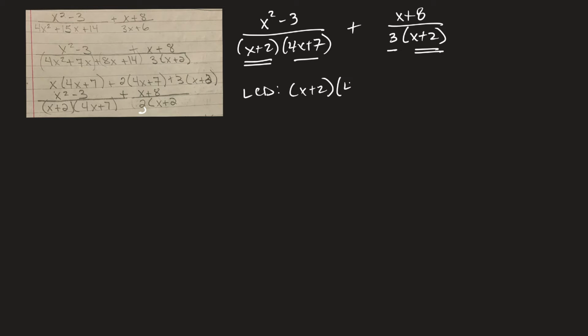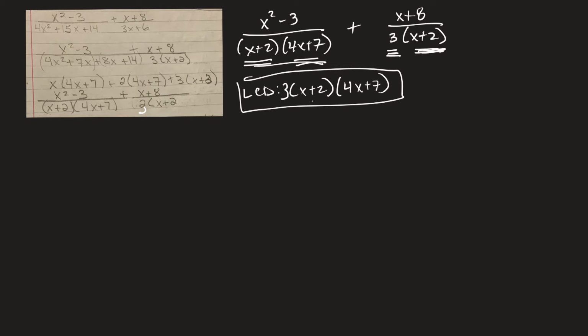And then it needs a 4x plus 7. I have 1 here, none over there, so 1 is good. Then I need a 3. I probably should put that at the front. Let me put it up here. So I need a 3 because it occurs once here and none here, so once is the most that it occurs. And then x plus 2 I already have. So this will be my lowest common denominator.